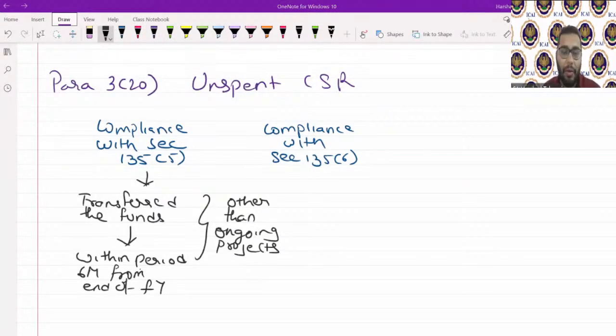Now as per 135(6), we are required to provide whether the amount remaining unspent pursuant to any ongoing project has been transferred to a special account in compliance with 135(6). So if there is an amount unspent, whether that amount has been transferred to a special account.